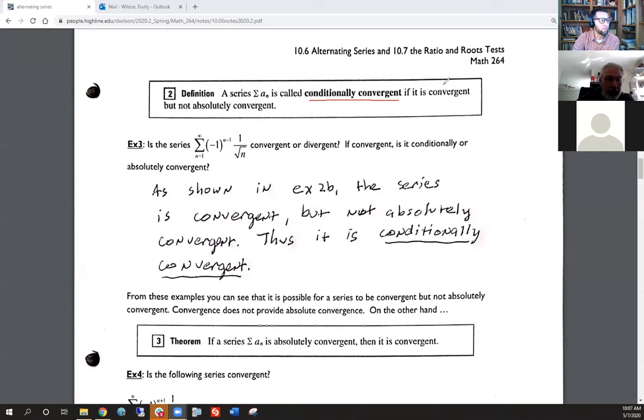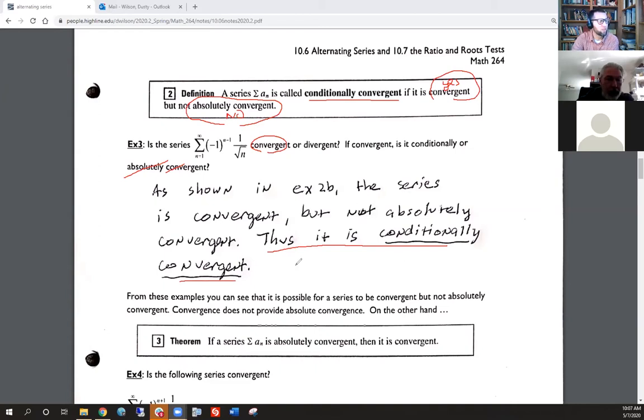So it's yes, convergent, no to absolutely convergent. Going back to that example we just looked at, is that series convergent or divergent? We already learned that it's convergent. If it's convergent, is it conditionally or absolutely convergent? We learned that it was not absolutely convergent. So that previous example was conditionally convergent.